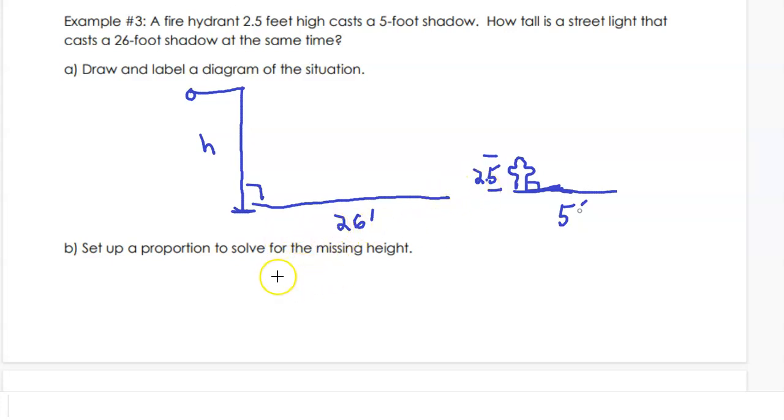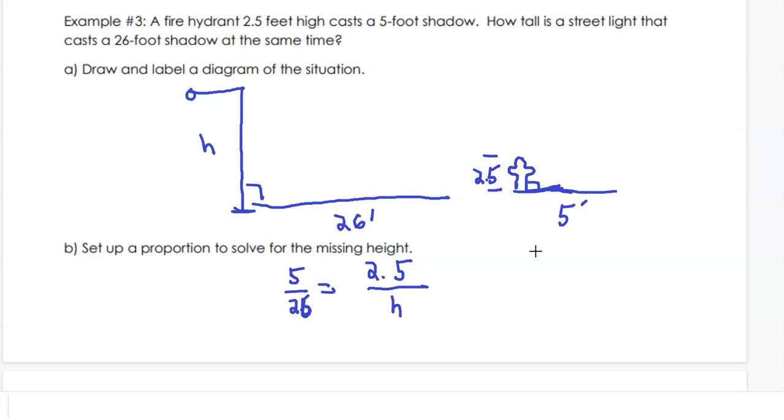You can see that 5 and 26 are corresponding sides, and 2.5 and h are corresponding sides. Pretty straightforward, nothing terribly fancy there.